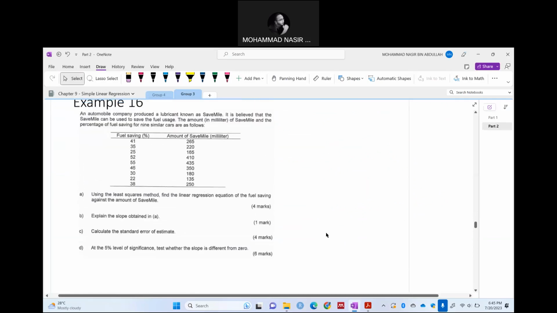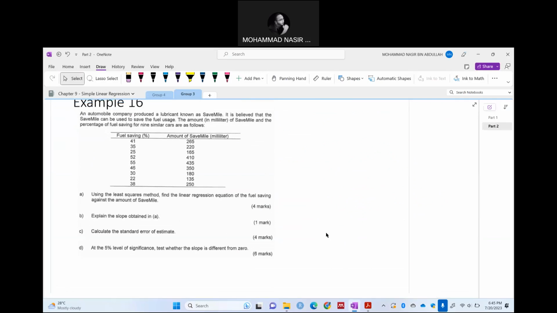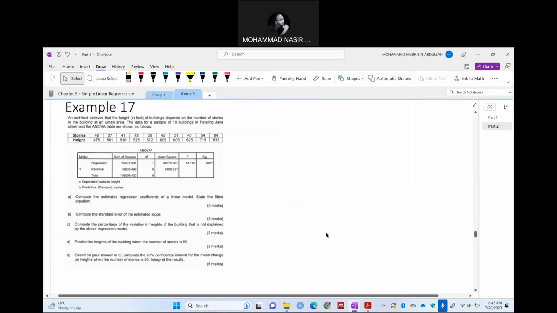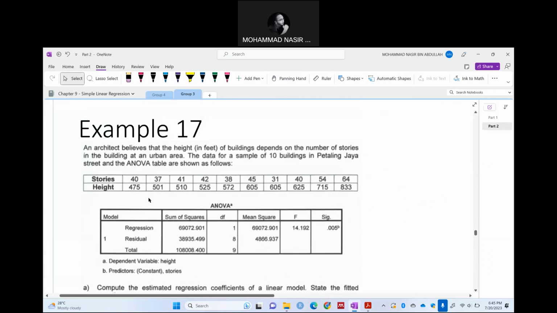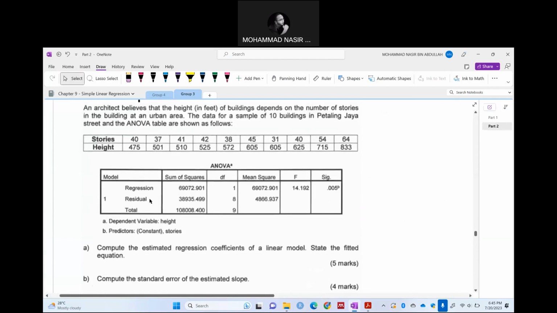I think 16 you can do by yourself. Look at example number 17. You cepat sangat lah. Dah nak habis dah. So example number 17.